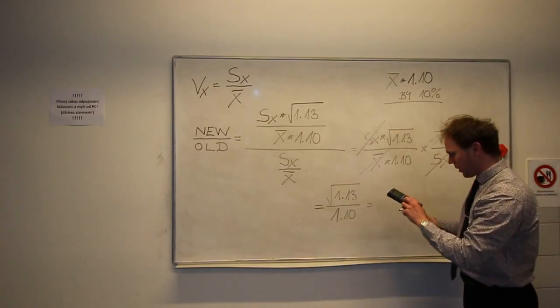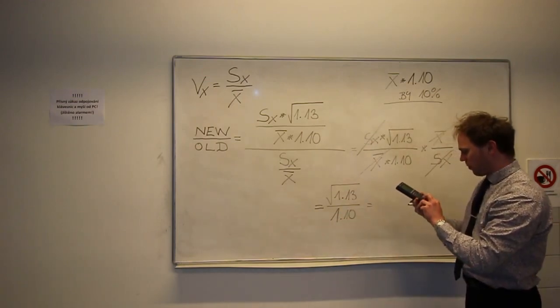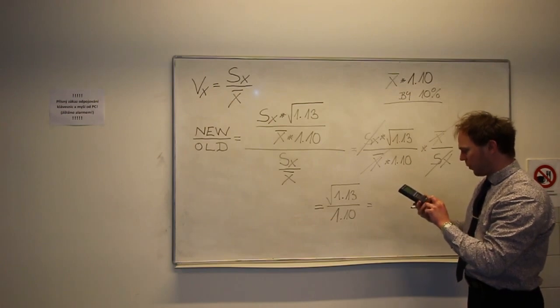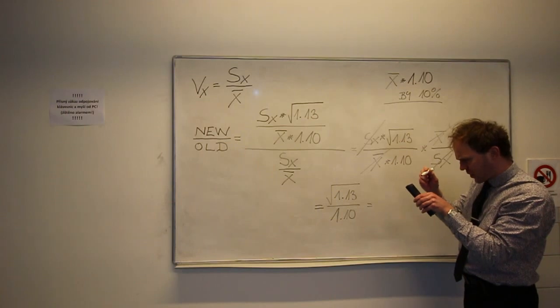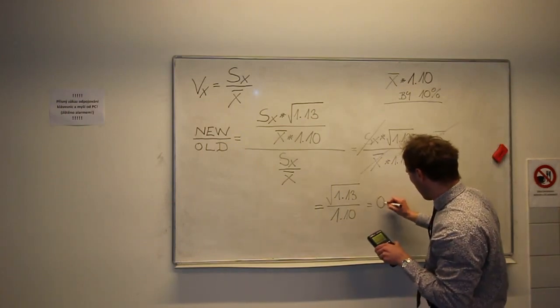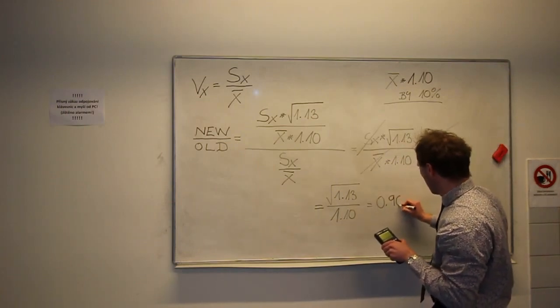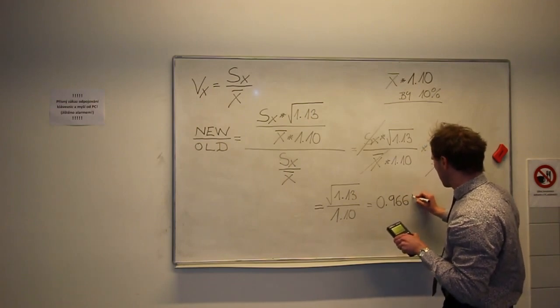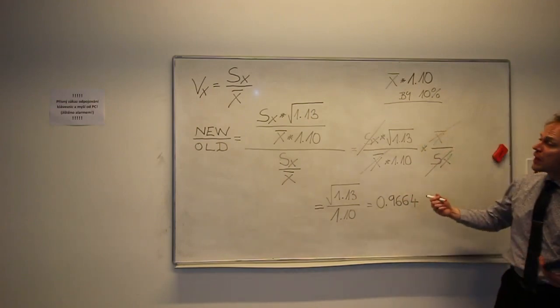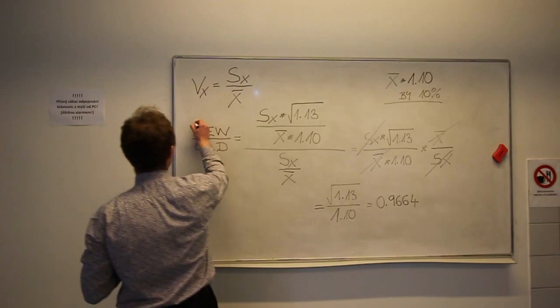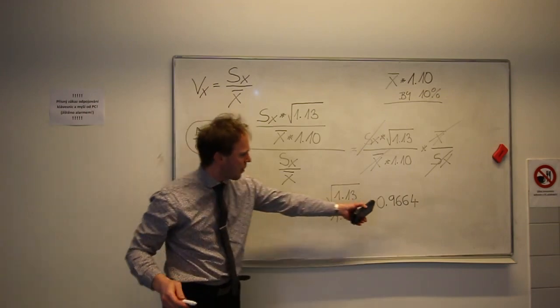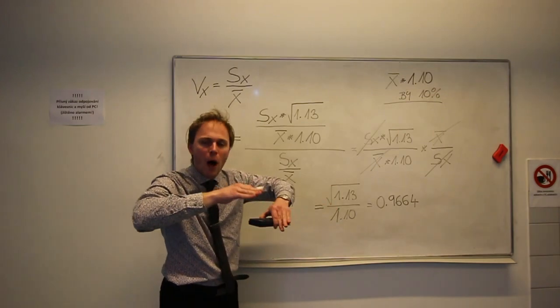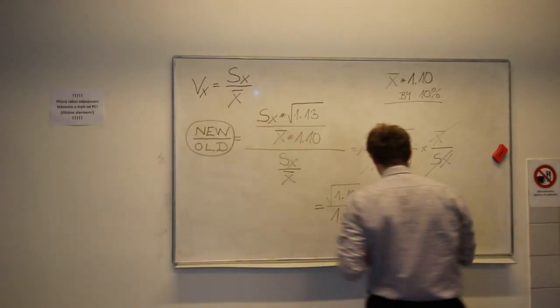So on the calculator, the square root of 1.13 divided by 1.1 is 0.9664. And what did we calculate? We calculated a ratio, so the result must be a relative number. What is below 1 is decreasing.